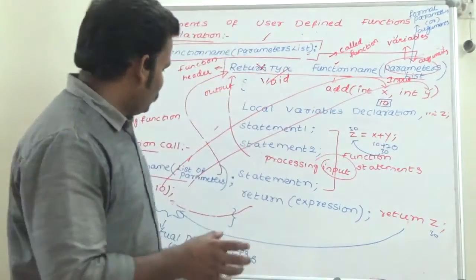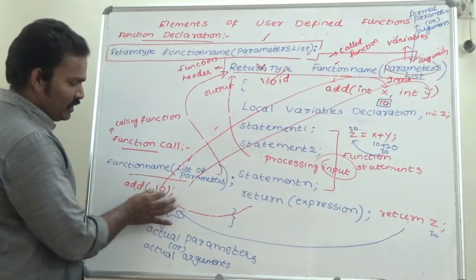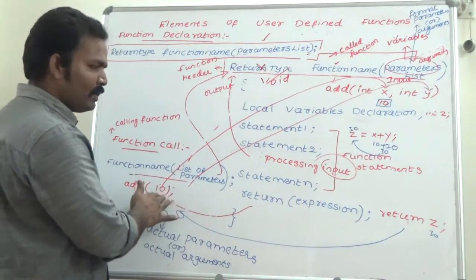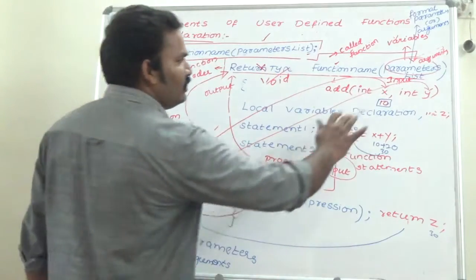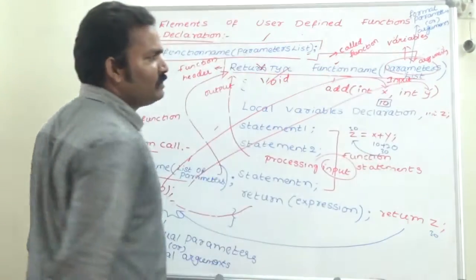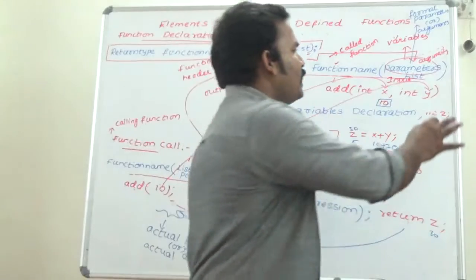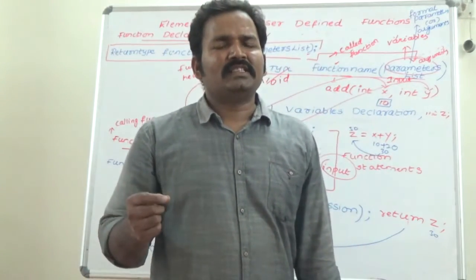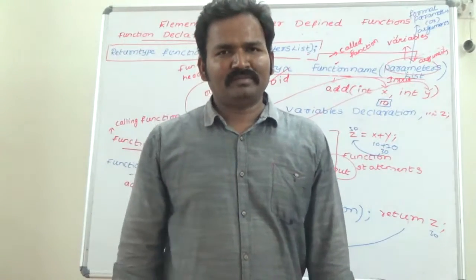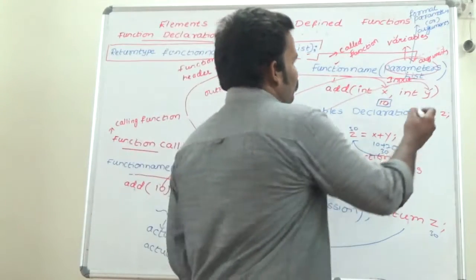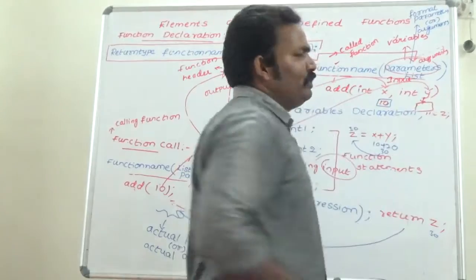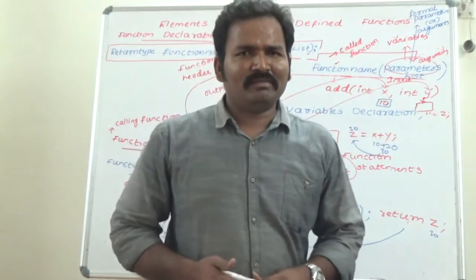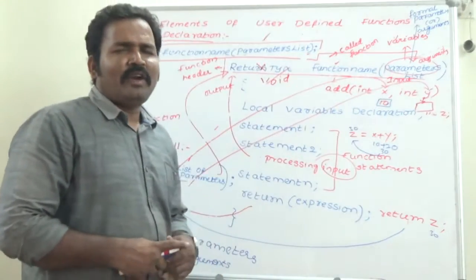If the actual parameters are less than the formal parameters, the remaining parameter will be initialized to a garbage value. So a garbage value is stored in the y variable. Garbage value means unknown value. So clear, two points.